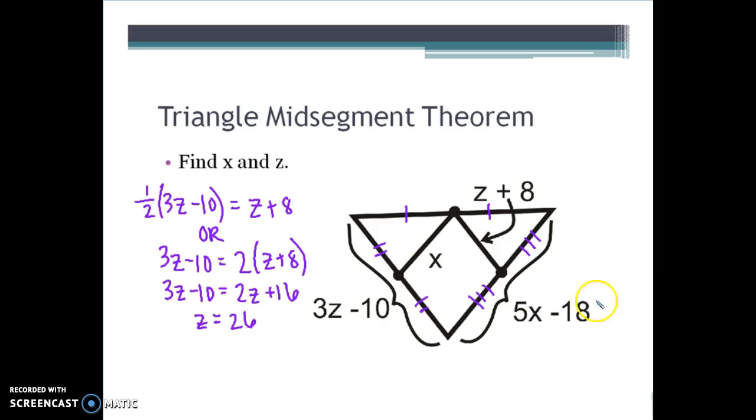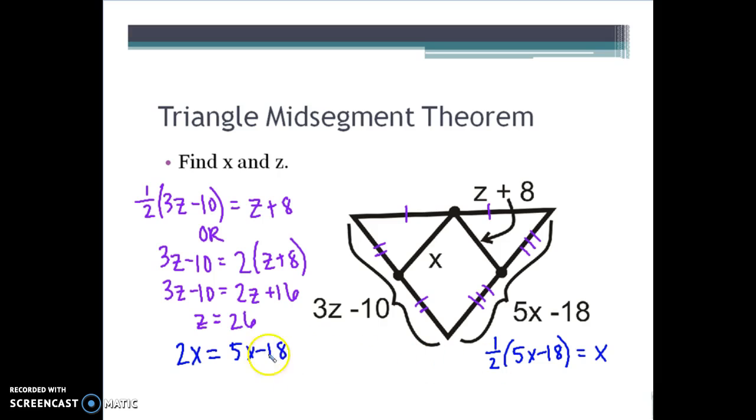To solve for X, we have the same thing. We can do 2 equations. One equation, we could say that x is half of this long side, 5x minus 18. So I could say 1/2 times 5x minus 18 equals x. Or I could say that twice x equals our long side of 5x minus 18.